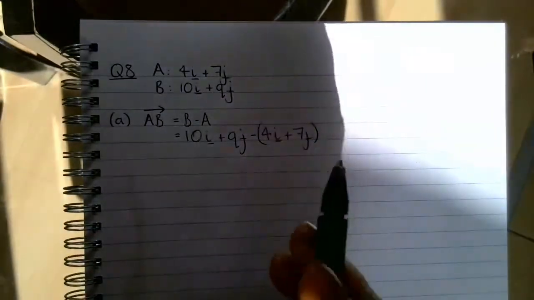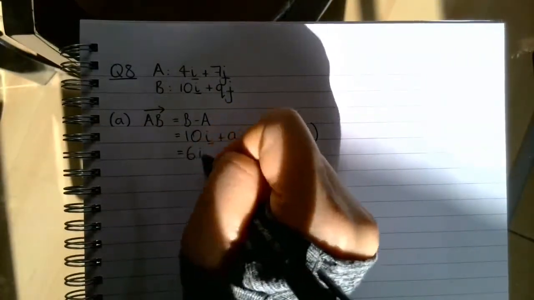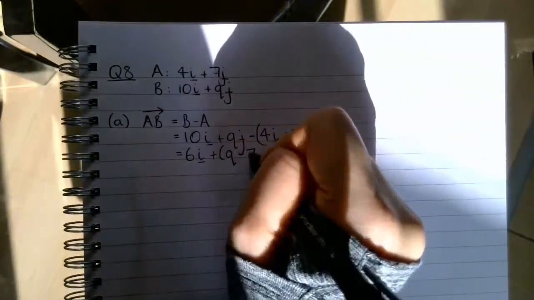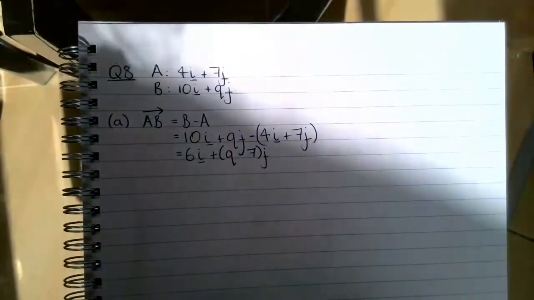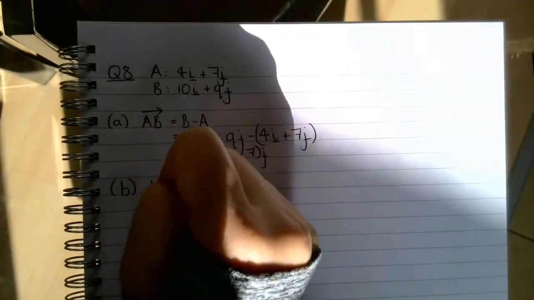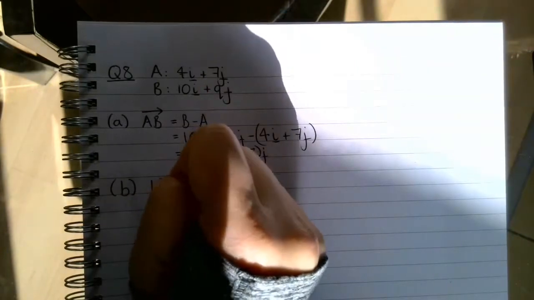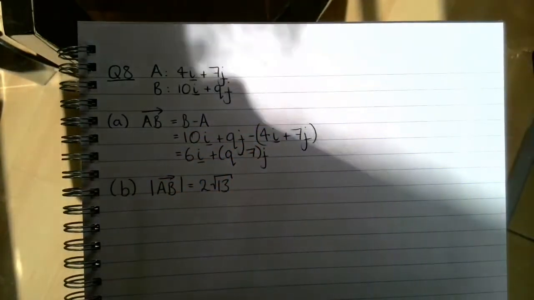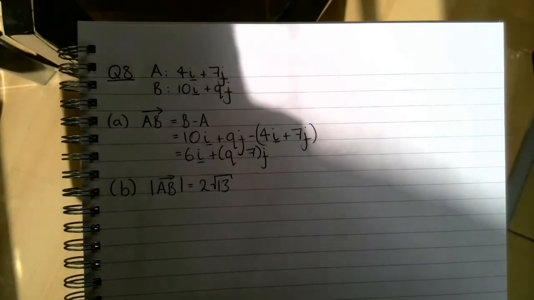So 10i subtract 4i, that is 6i, and then we've got q subtract 7j. For part b, it says, given that the modulus of AB is equal to 2 root 13, find the two possible values of q.